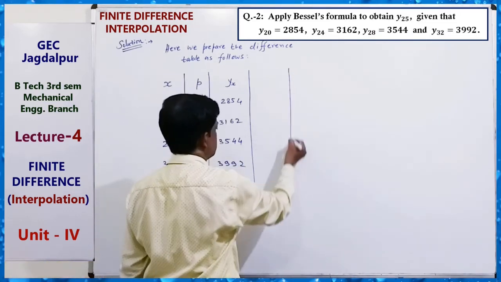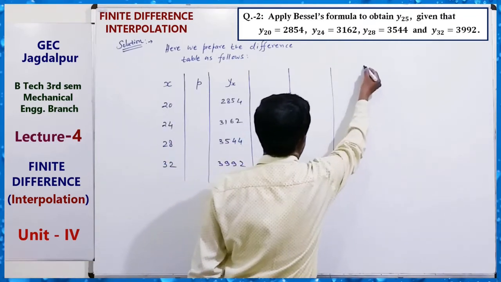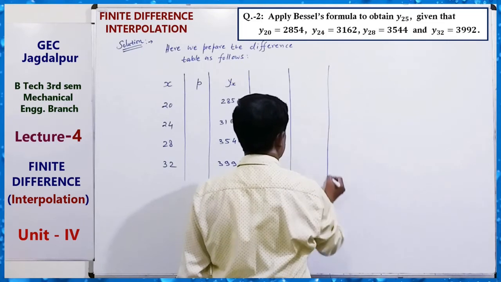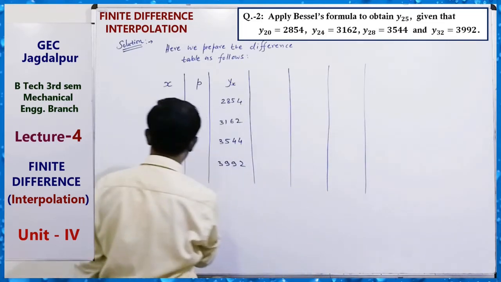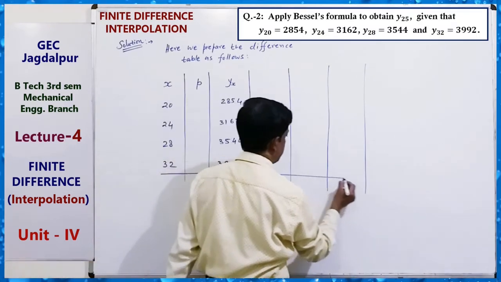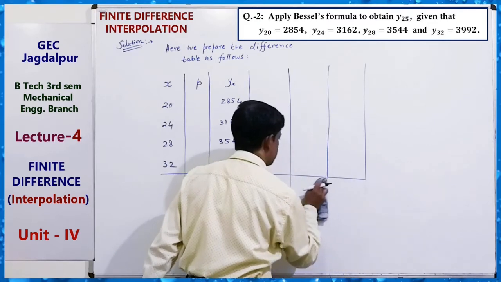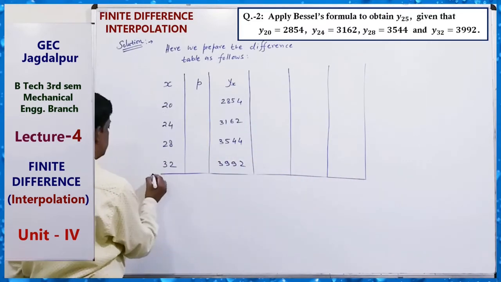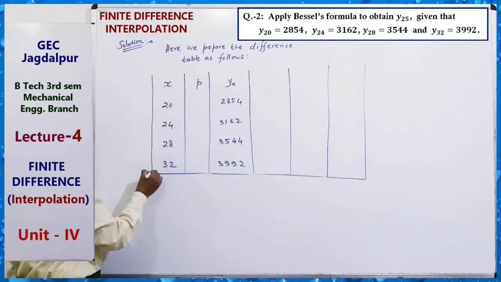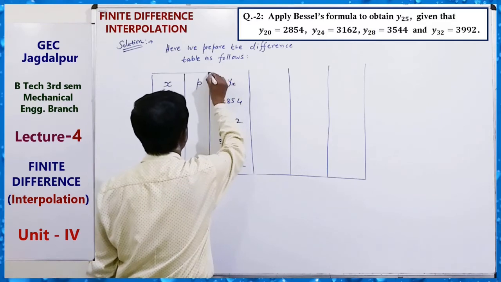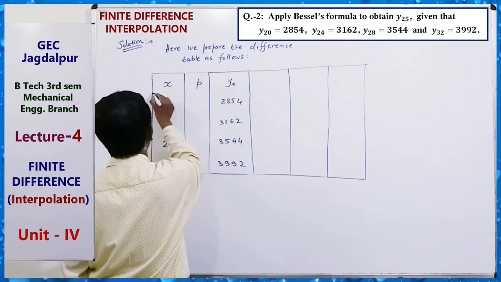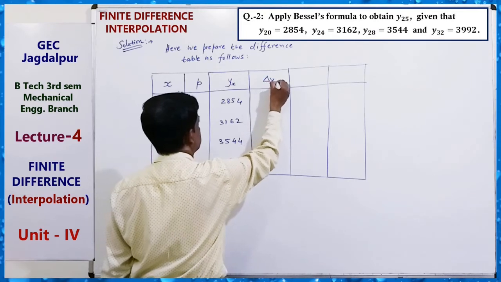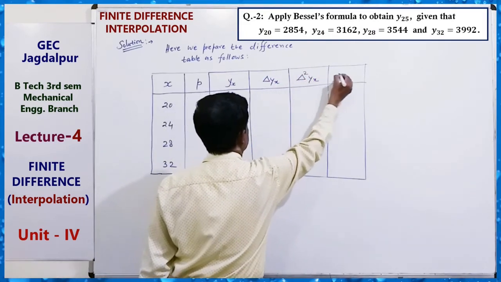So there is the first difference, second difference, and third difference. Just make this table.